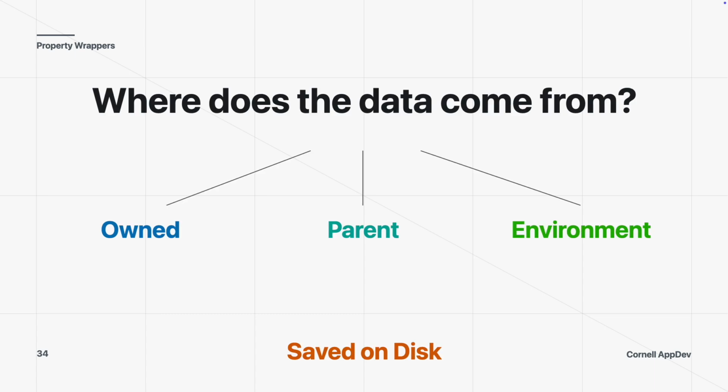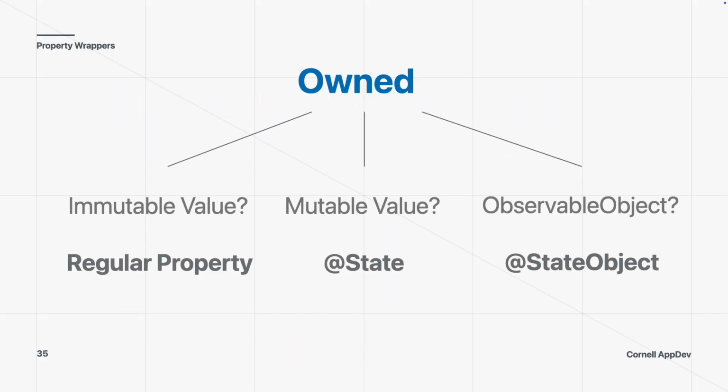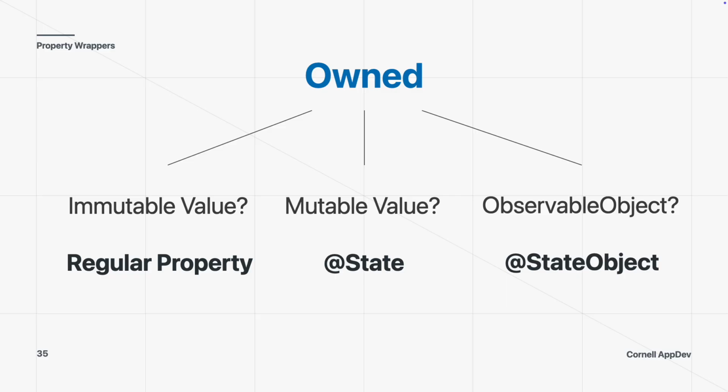Okay, so this is a brief overview of what property wrappers you might use in different scenarios. If the view that you're currently looking at owns the value, and it's an immutable value, you would simply use a regular property, right? You don't need any property wrappers there.